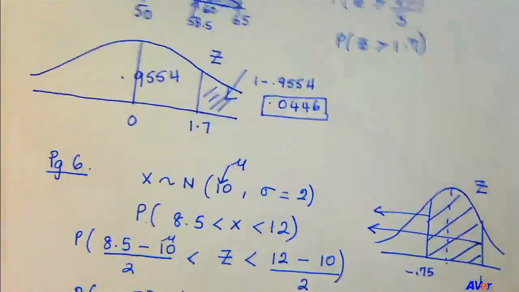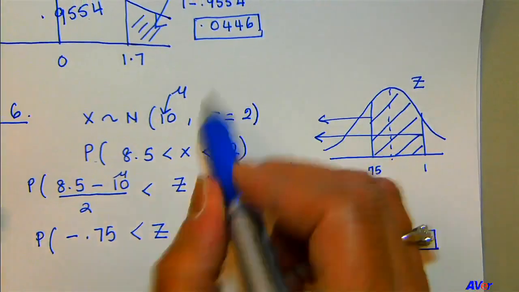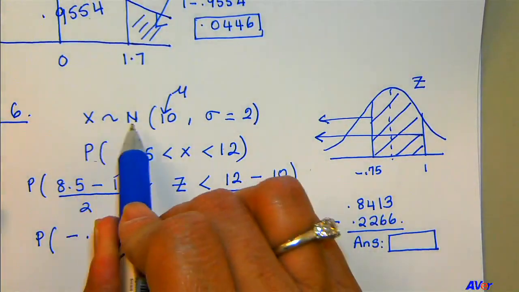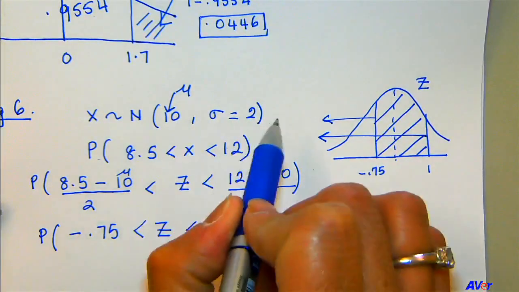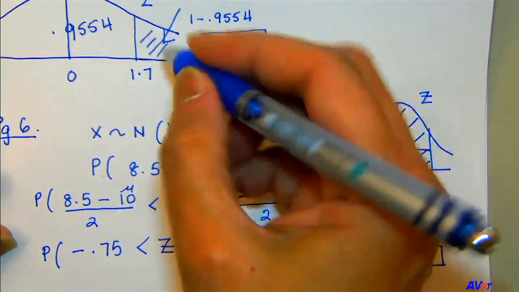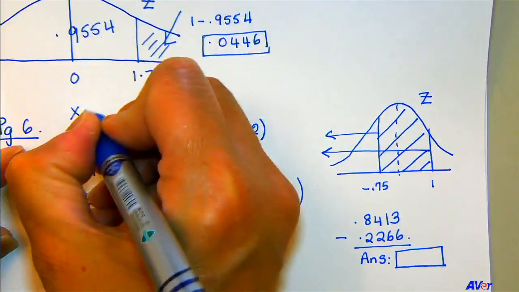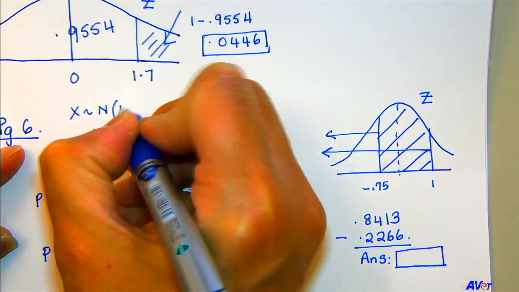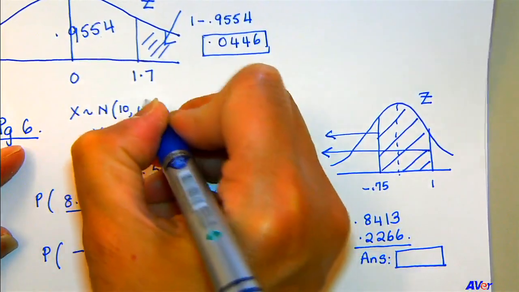Okay. What's your question? Is there a question? I want to draw your attention to one fact. Sometimes they will say x is normal with mean 10 and sigma 2, and other times they're going to say x is normal 10, 4.